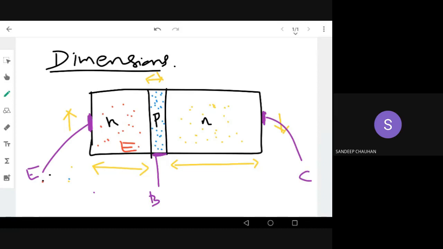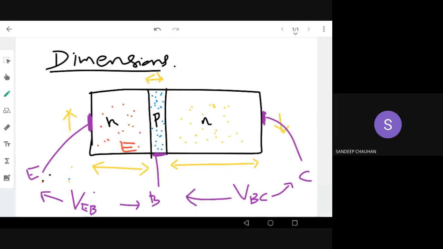So when we connect a voltage here, this voltage will be across emitter and base. So this voltage across the emitter of a transistor and the base of the transistor is VEB. What about this voltage which is across the base and collector? This is VBC or VCB. Okay, this is the convention.